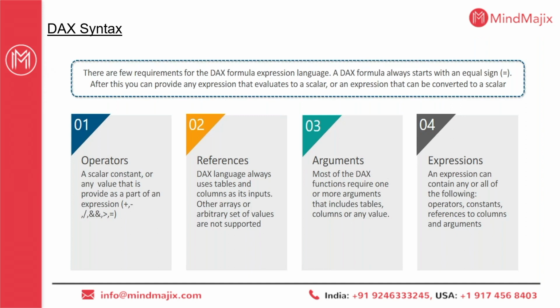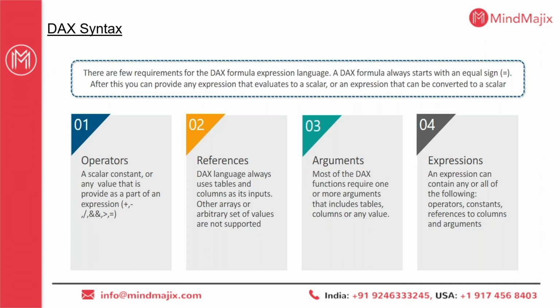Next is a reference. What is more important in DAX is that DAX will only understand when you give it references. You have to make it understand which table and which column you want to refer to, from where you want to drive this formula. So from a table X, column Y, in that particular table, you want to give the reference of a formula to that table.